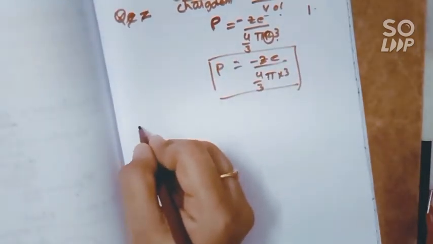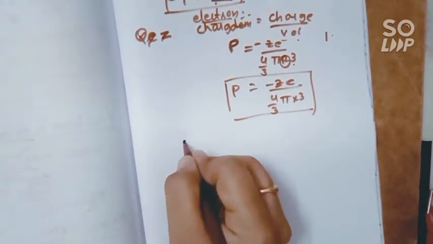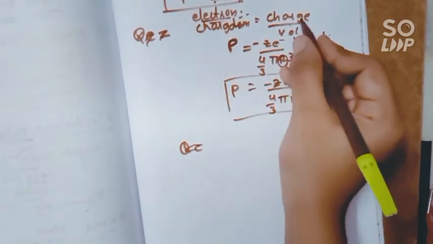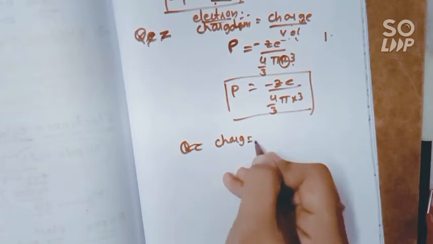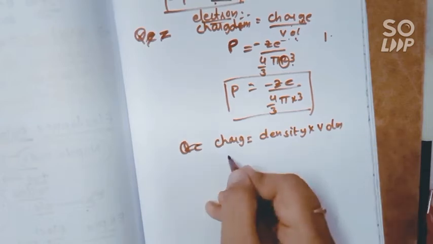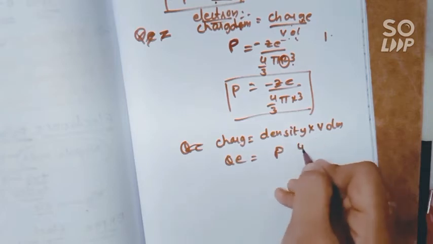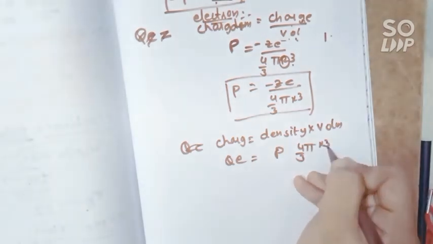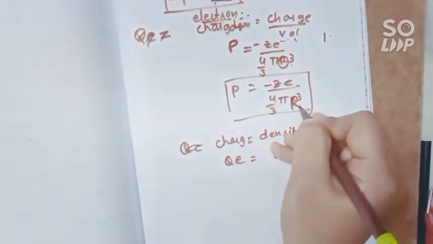Next we need the total charge in an atom. Now Qe: as we know that charge density equals charge by volume, charge can be written as density into volume. Here the charge is Qe, the density is rho, and the volume is 4 by 3 pi r cube, here r only, not x, sorry.